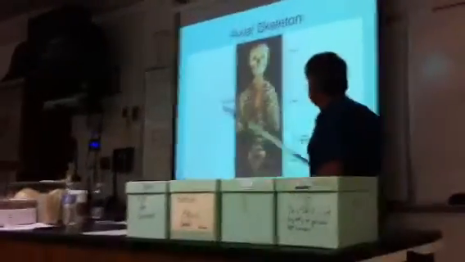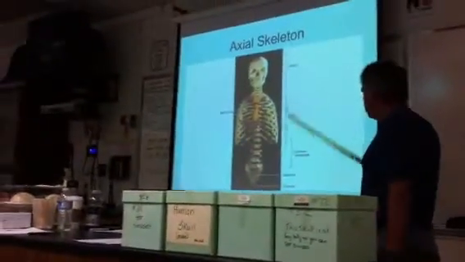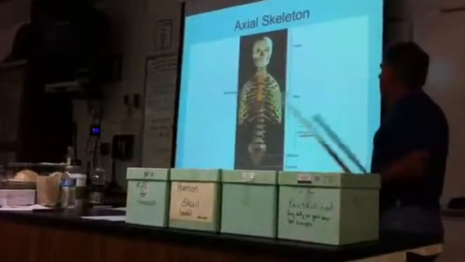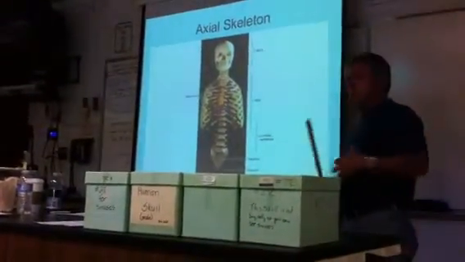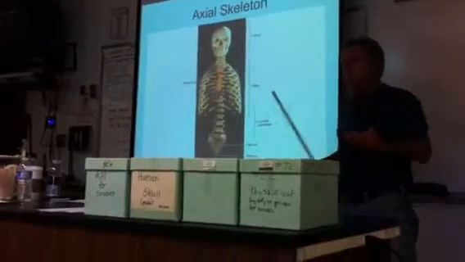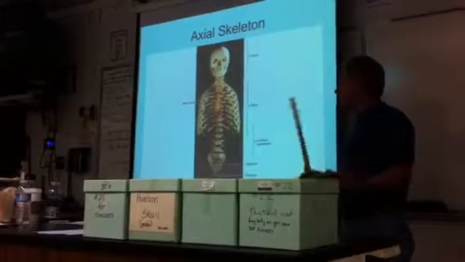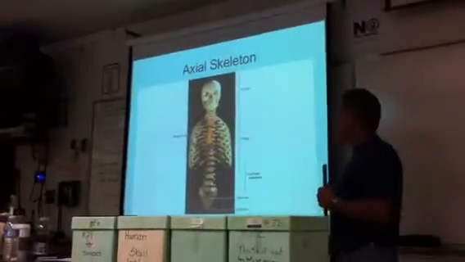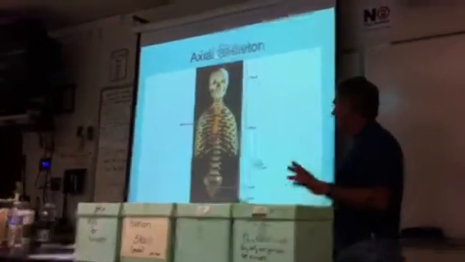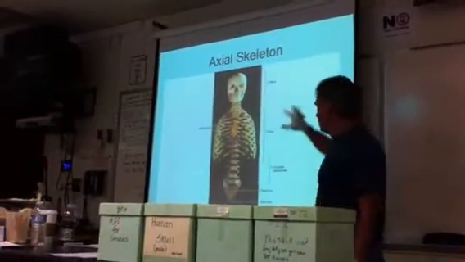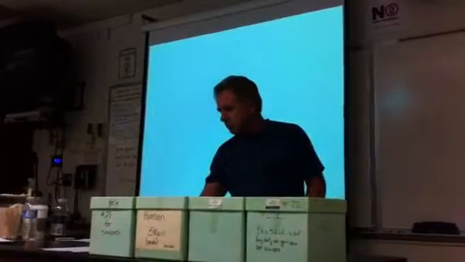The axial skeleton: the skull, the ribs, the vertebral column, the sternum, that sort of stuff. You would think the ribs might be appendicular because they're hanging off of the axial skeleton, but no, they're actually considered part of the axial skeleton. The arms and the legs and the collarbone and all that sort of stuff, none of that's on there. So that's the axial skeleton.